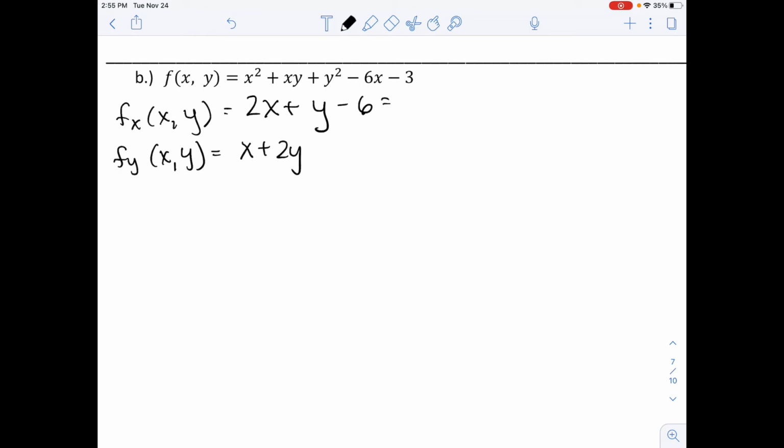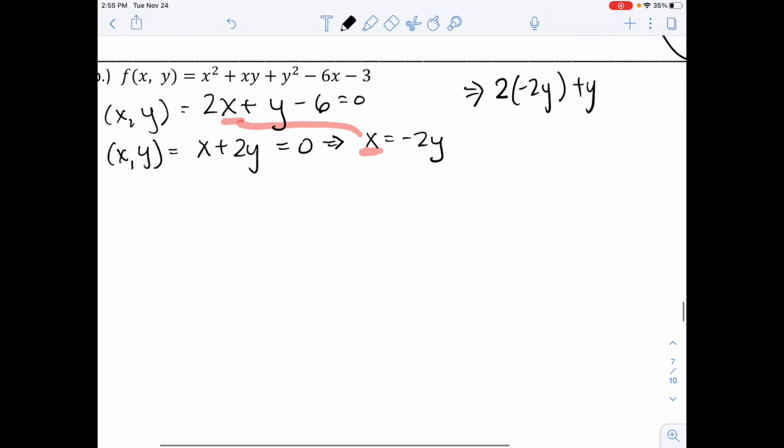Setting these both equal to 0, you'll notice that I have two equations with two unknowns, and this is going to require me to do a little bit more work and solve this as a system. So I'm going to go ahead and solve my second equation for x, and this is equal to -2y. I am then going to substitute this in for the x in the other equation, and when I do, we have 2, and then instead of x, I'm going to put -2y, plus y, and then minus 6 is equal to 0.